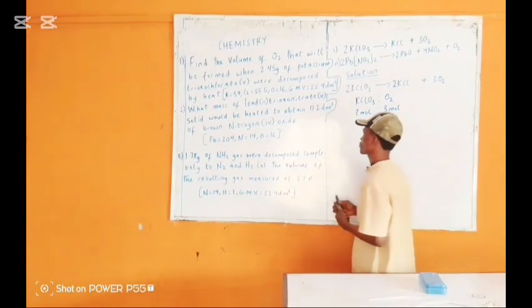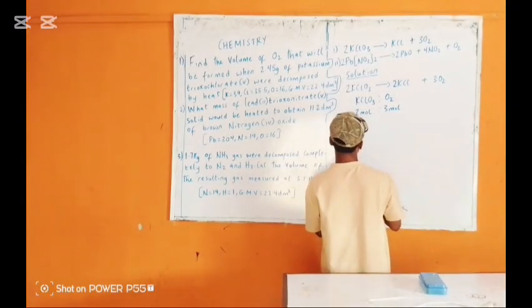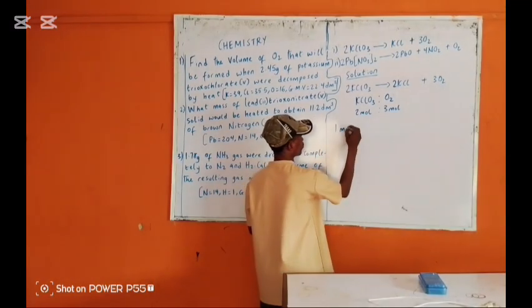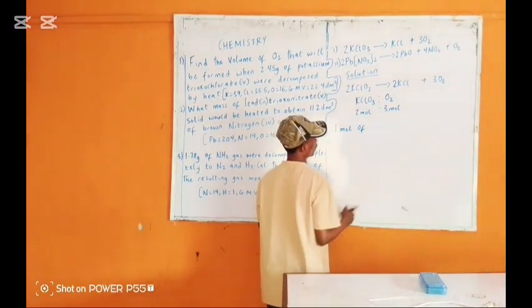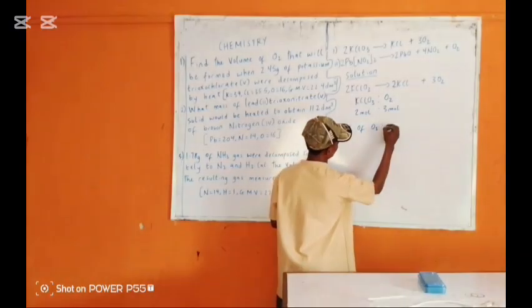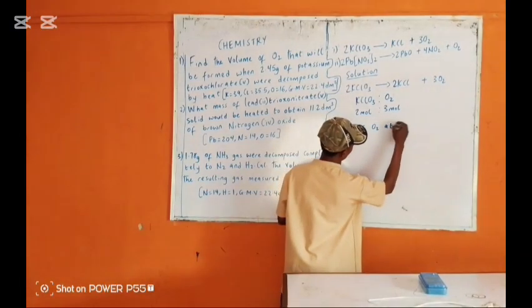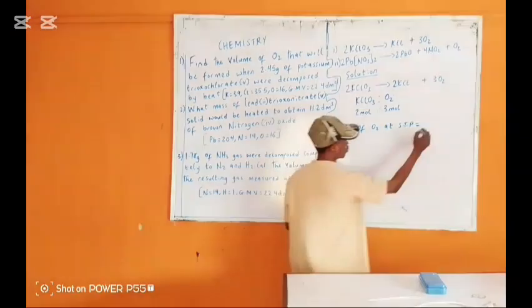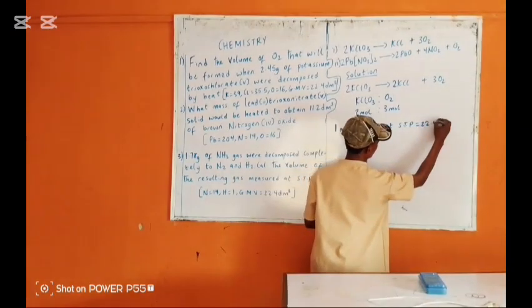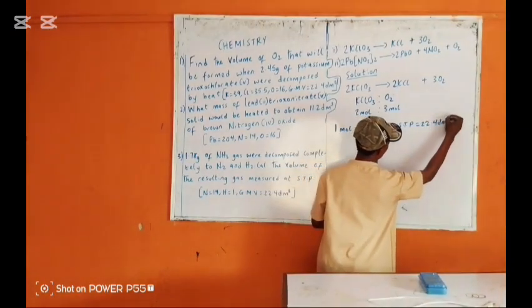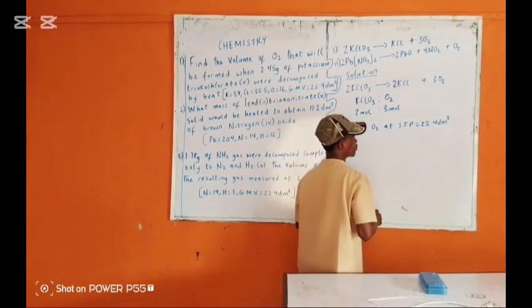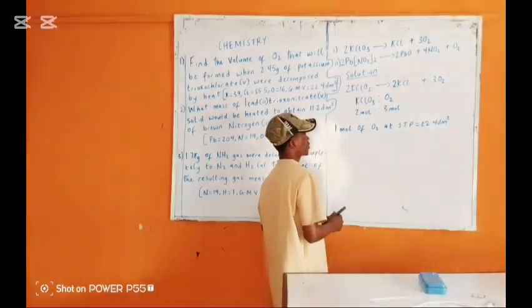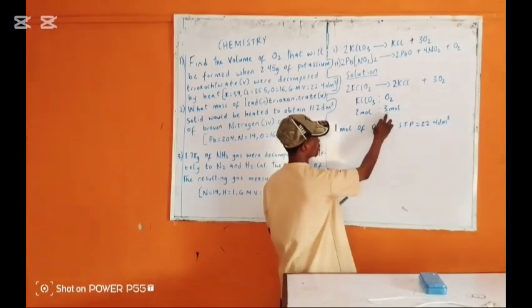So it will be STP. So 1 mole of O2 at STP equals to 22.4 dm cube. Now we're having 3 mole here now.